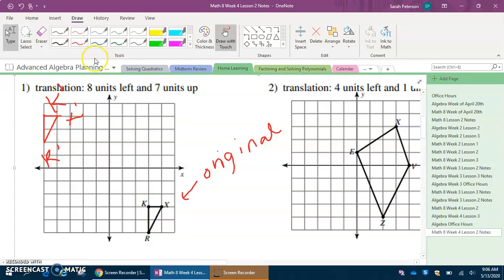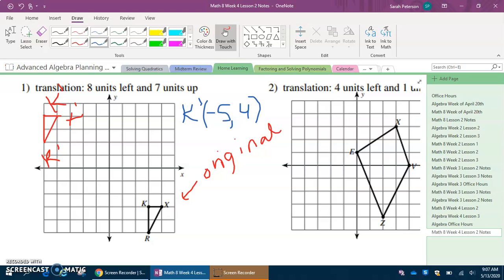So another thing they might ask you to do is they might ask you to list the actual points of the image or your translation. So K prime, and this is where you have to use your coordinate grid. I'm going to count over, start at 0. K prime is going to be -1, -2, -3, -4, -5. So my x coordinate is -5. My y coordinate is 1, 2, 3, 4.